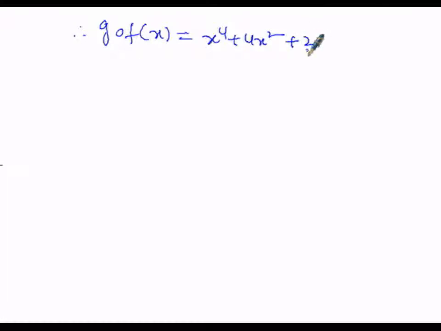So this is the g of f of x. Let us assume this as the second equation.